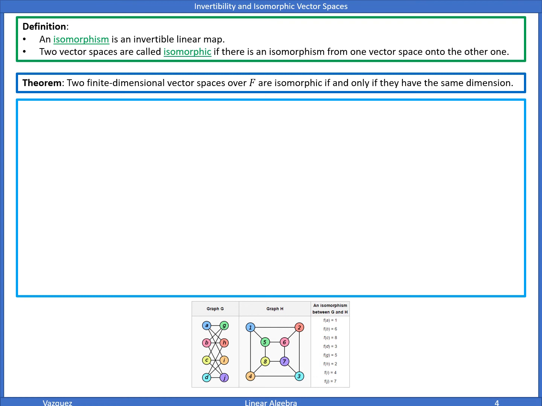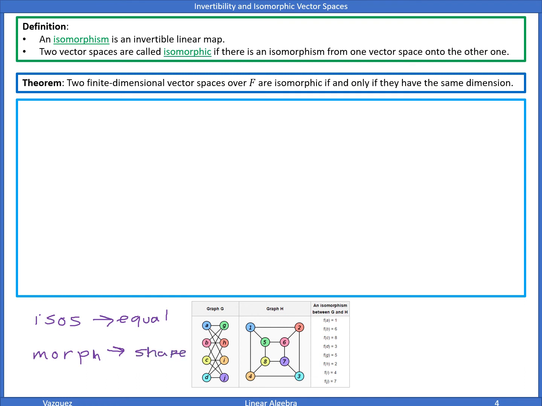Before we move on to it, I just want to mention iso and morph. Iso in Greek actually means equal, and morph means shape.